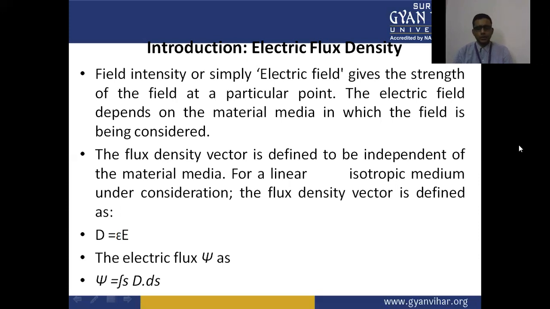For a linear isotropic medium under consideration, the flux density vector is defined as D equal to epsilon naught E, where D is the flux density vector, E is the electric field intensity, and epsilon naught is the permittivity of the material.